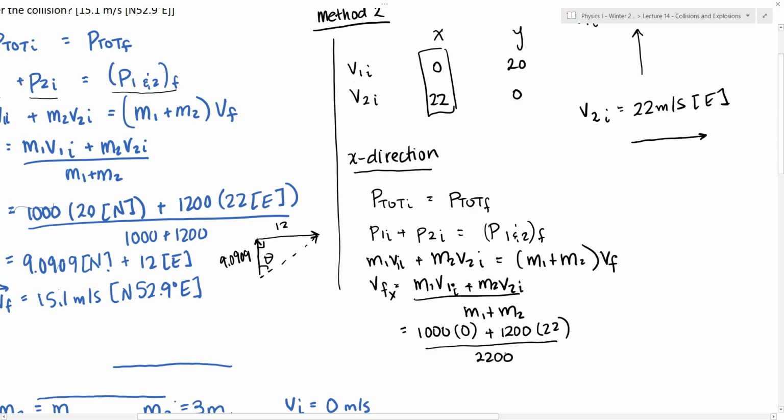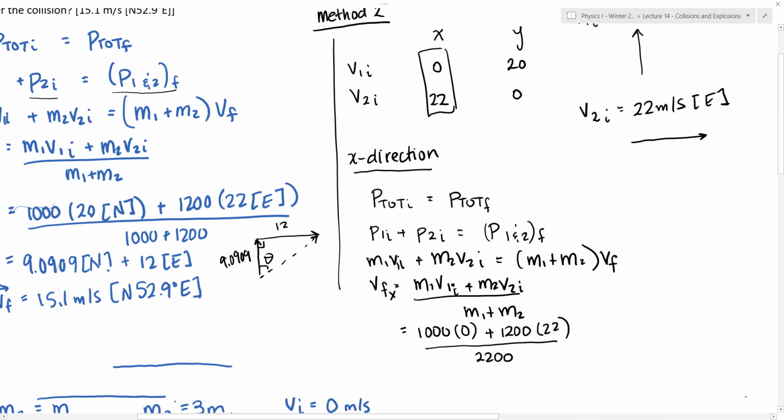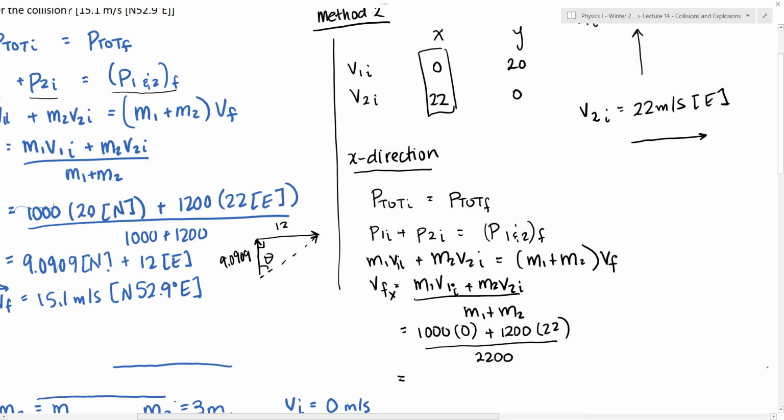Okay, so I can use my calculator. And I get 12 exactly. So now my V final in the x direction is 12 meters per second.